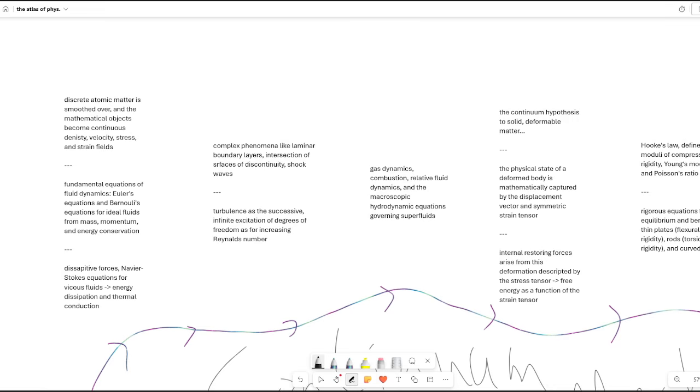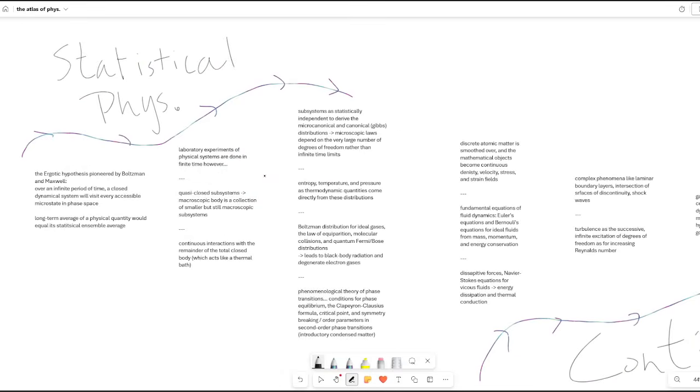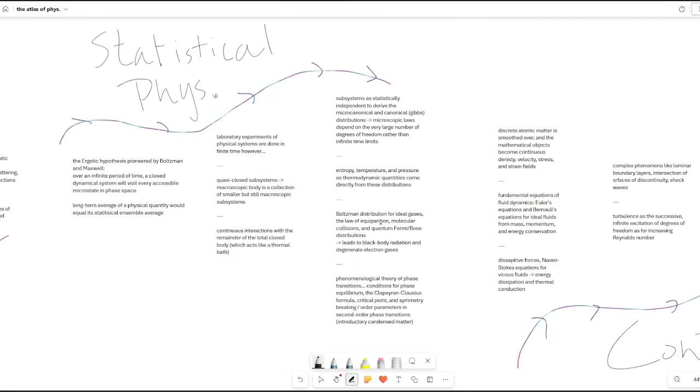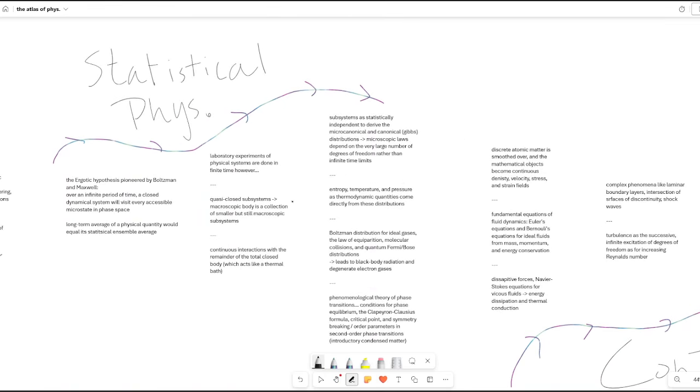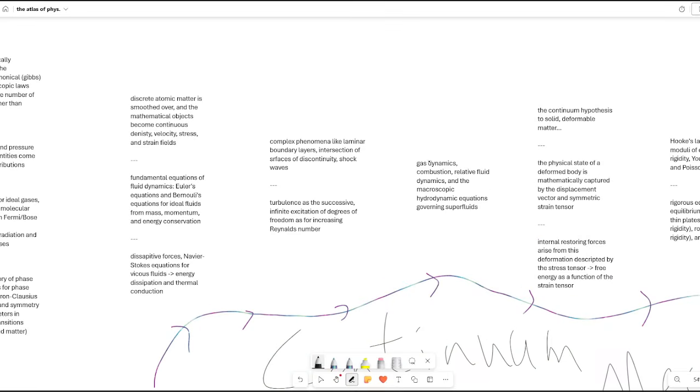Okay, and so basically we're going from discrete atomic matter and statistical phenomena to smoothing over, to continuous media itself.